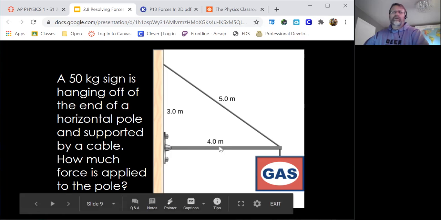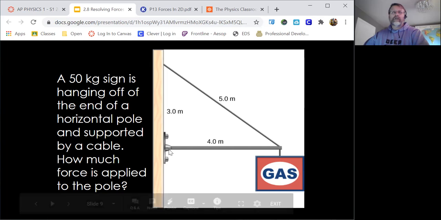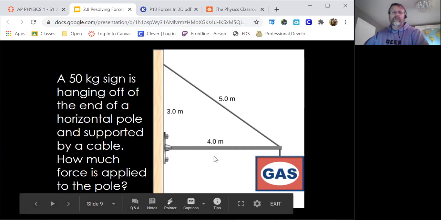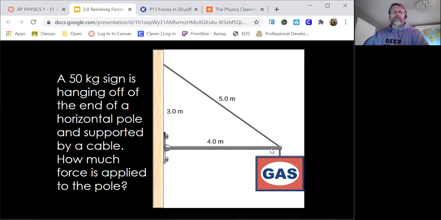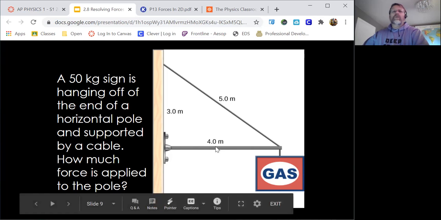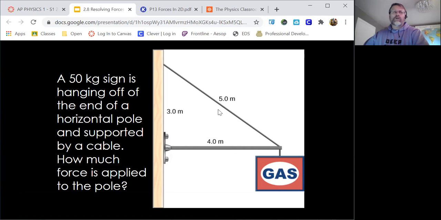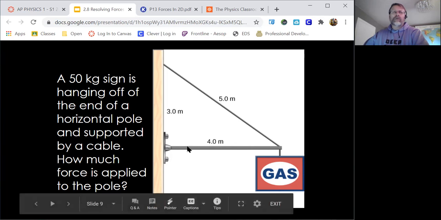Torque is going to come up later, where if you have a force at one point and a different force at a different point, and someplace where it turns or pivots, then we have to take all sorts of other factors into play, number one being torque. We would also have to think about that if this pole had mass as well. The mass of the pole itself would pull down on this cable, which would force more tension on the cable and more pressure against the pole.